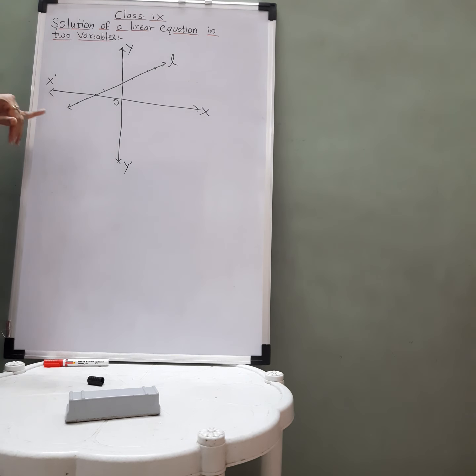Now on a line, since there are infinite number of points, therefore all these points satisfy the equation. So we can say that a linear equation in two variables has infinitely many solutions.